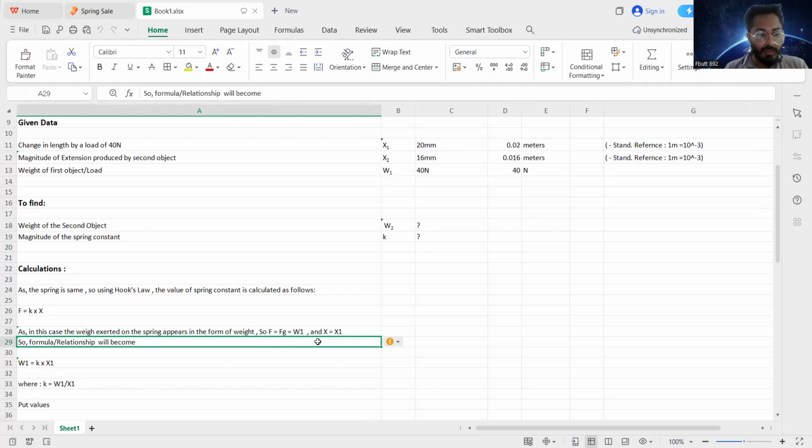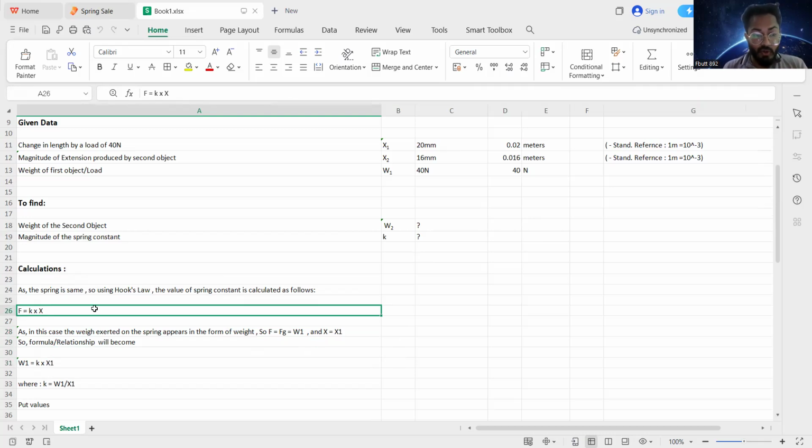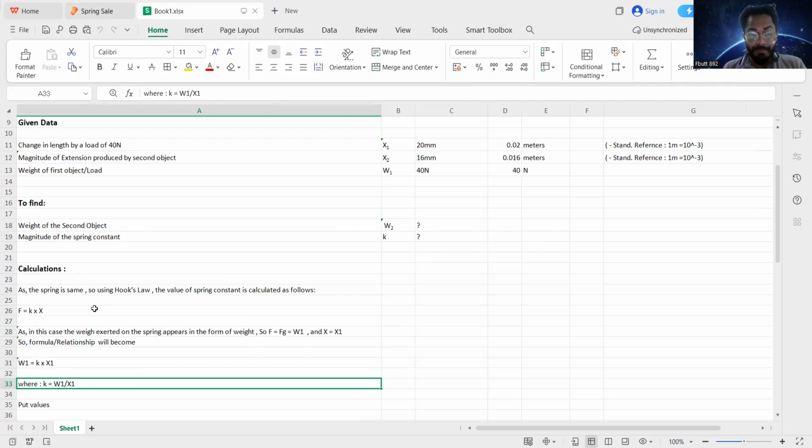So using the formula and relationship, by substituting these variables which are specific to situation number 1 in the formula which I have written above, F is equal to K multiplied by X, the formula will become W1, the weight of the first object, is equal to K, that is the spring constant, multiplied by the change in length of the spring in the first situation.